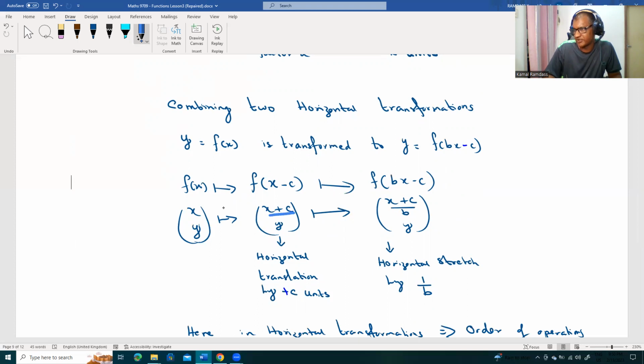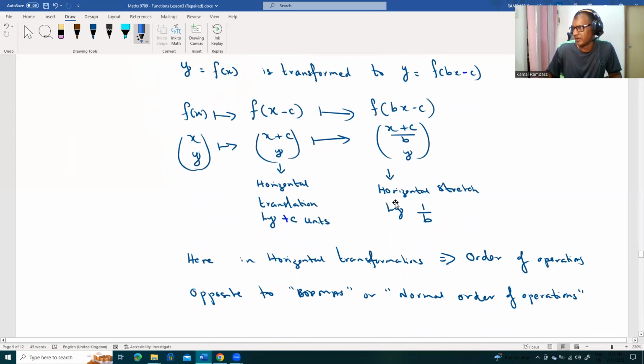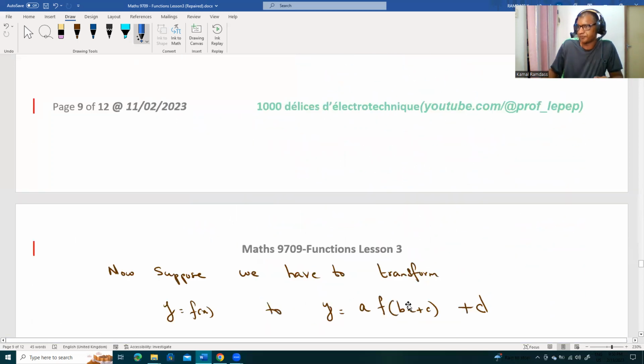Then x + c is mapped onto (x + c) over b, and y remains the same. The scale factor is 1 over b. In horizontal transformations, the order of operations is opposite to BODMAS, the normal order of operations.